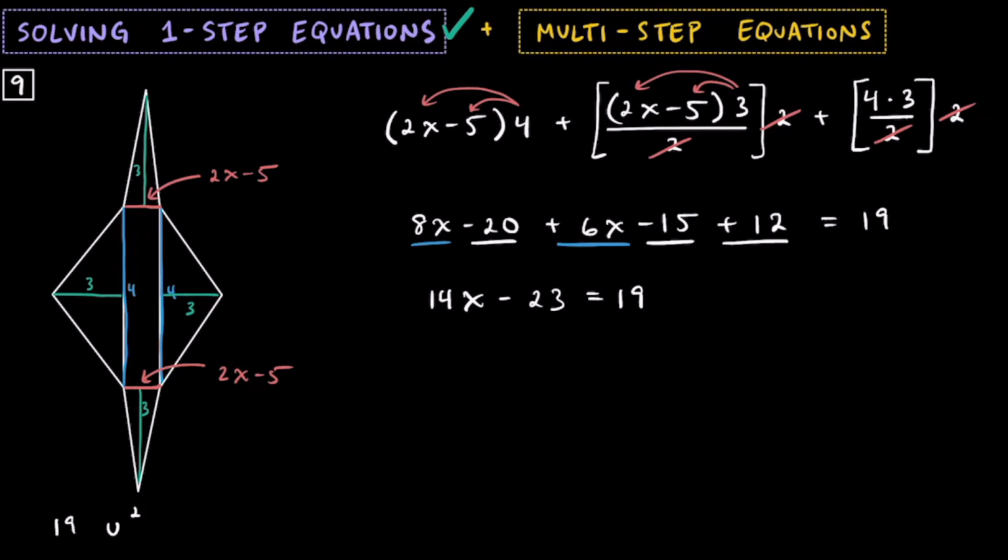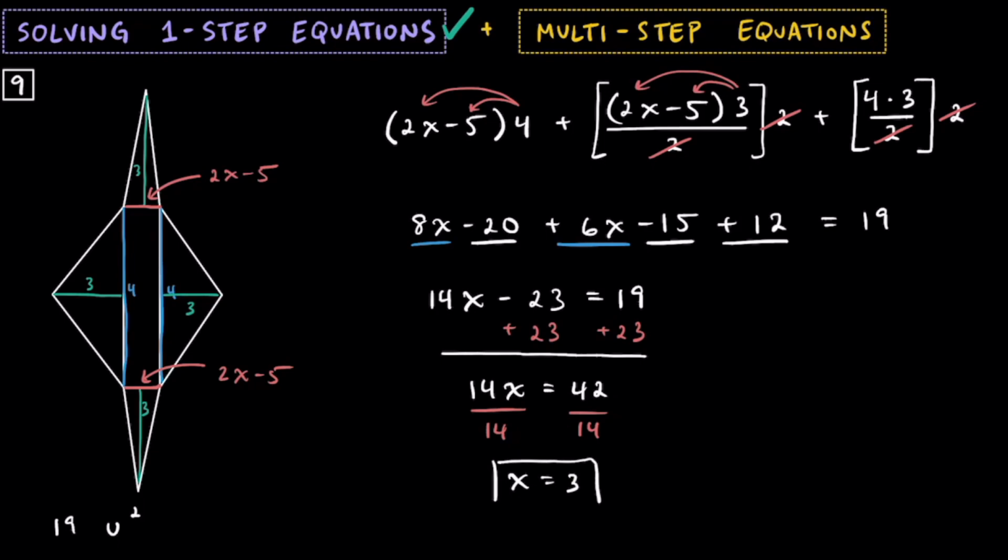Next, we add 23 to both sides, and we get 14x is equal to 42. Then dividing both sides by 14, we get x is equal to 3. And there is the answer to this last problem.